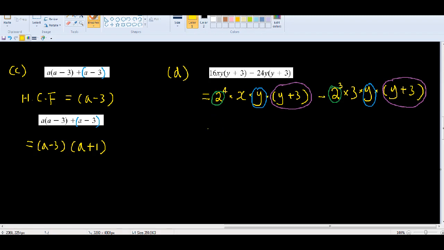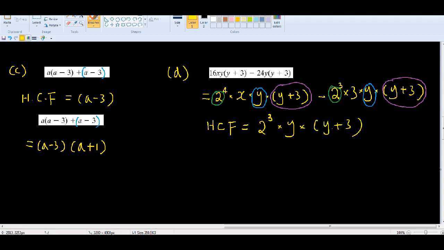Then please write the HCF. Okay, 2, no. You need to track the power. So 2 is a common factor, but we need to take the lowest power. So the lowest power, 4 and 3, which one is lower? 3. Then y and bracket y plus 3.